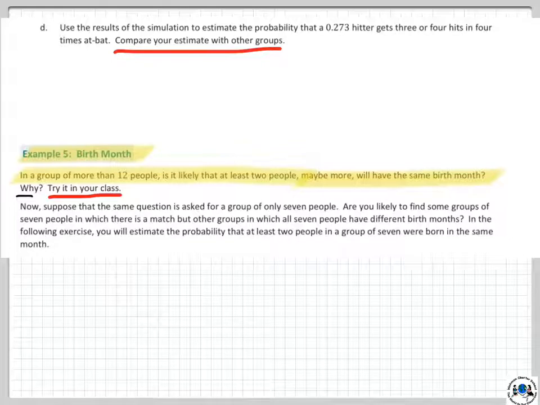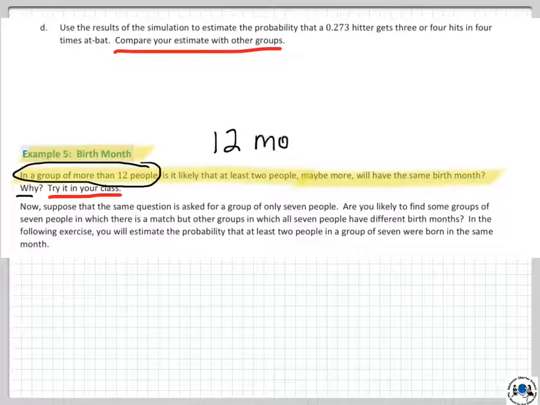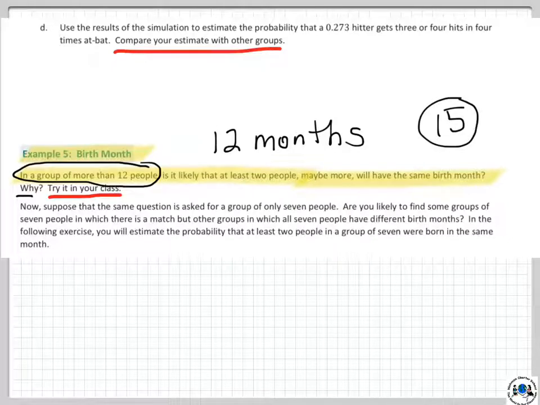Because there is this group of more than 12 people. Now, what do we know about months? There are 12 months. Now, we actually have 14 in our class, and if you include me, that would be 15. Our class that once was, and no longer is. No, it is. Anyway, yeah, 15.